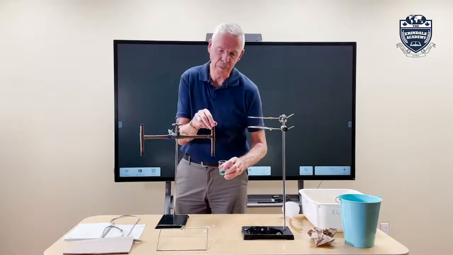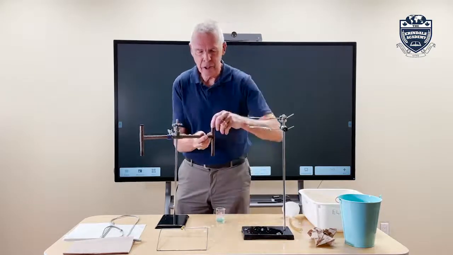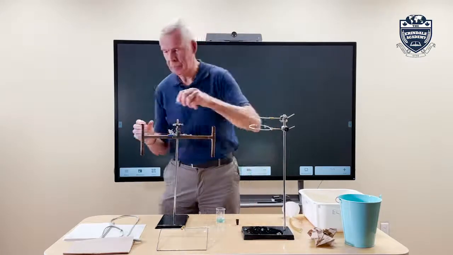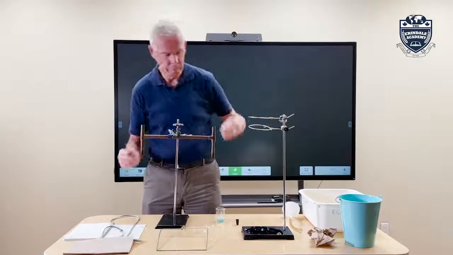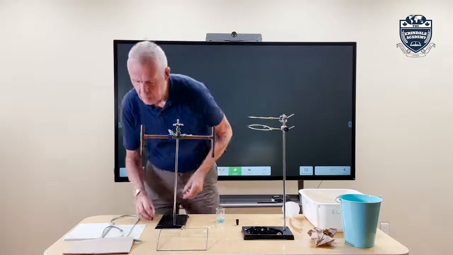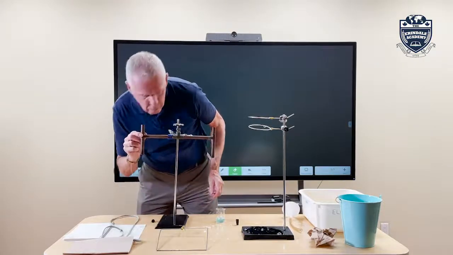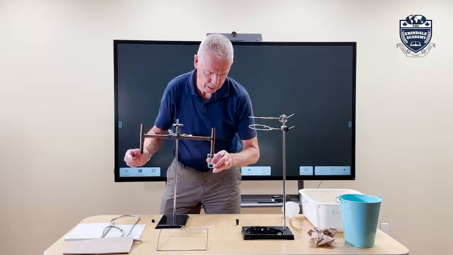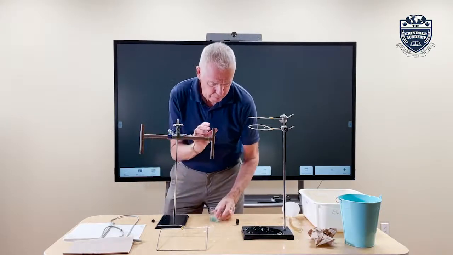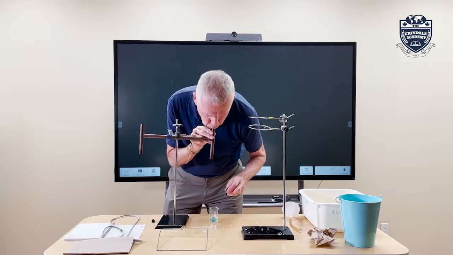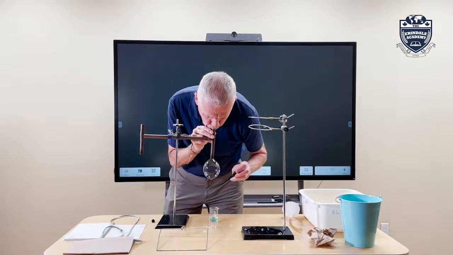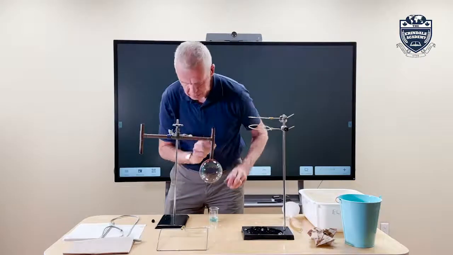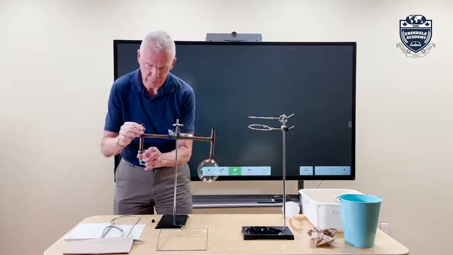So what I'm going to do is put two bubbles together. I'm going to make a large one here, like that. And let's make a smaller one here.